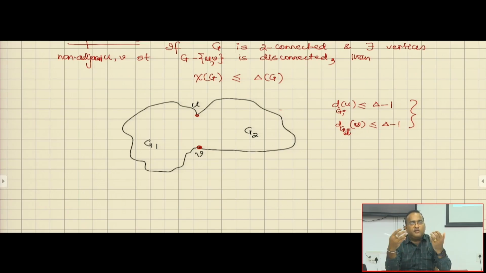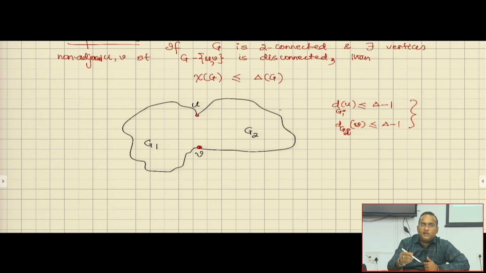Both can also be of degree delta. If they are not of degree delta, then immediately you can color them by the property, since you are getting a vertex of degree less than delta.